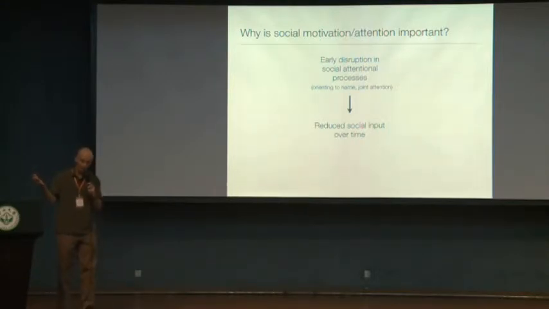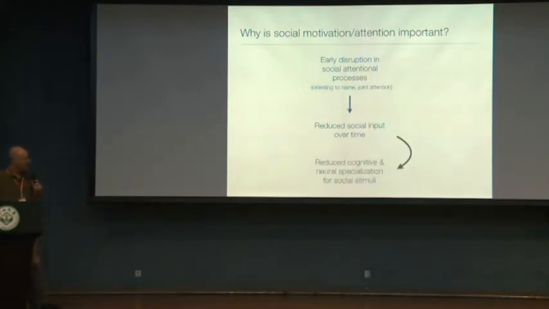If the baby isn't interested in looking at faces, the brain isn't getting input about faces, and as a consequence of that, you would have abnormal, reduced development for specializations, for face processing, for theory of mind mechanisms where we infer people's emotions and intentions from looking at them, and so forth.